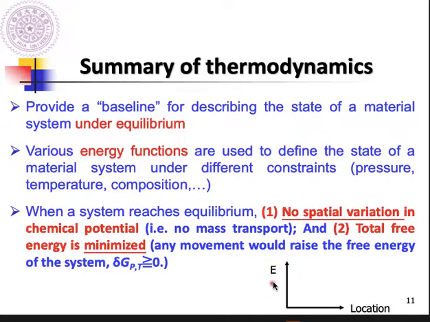If you draw a picture, with the vertical axis being the chemical potential and the horizontal axis being the location in space, then the curve will be flat. That means the atoms located anywhere have the same chemical potential. So there's no reason for net mass transfer, because the atoms have the same energy, so there's no reason for them to have any net mass transfer.